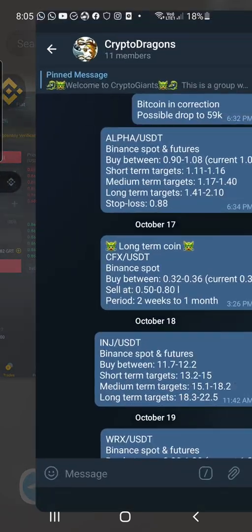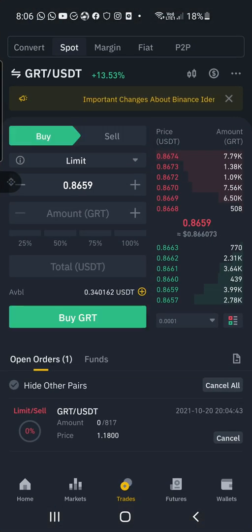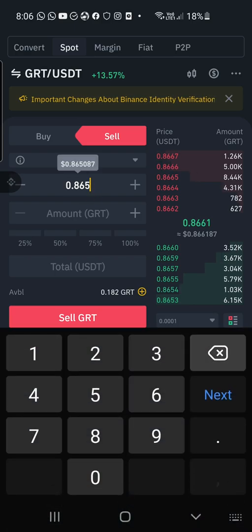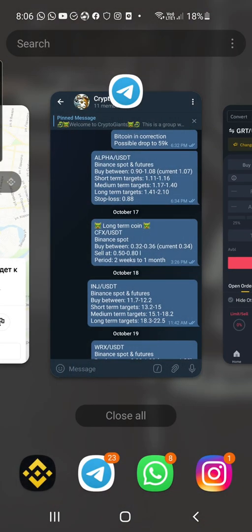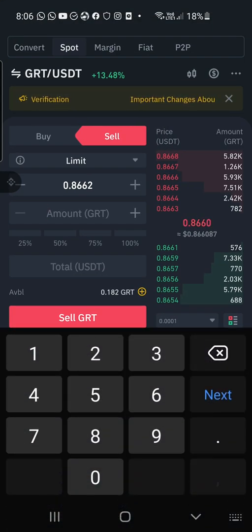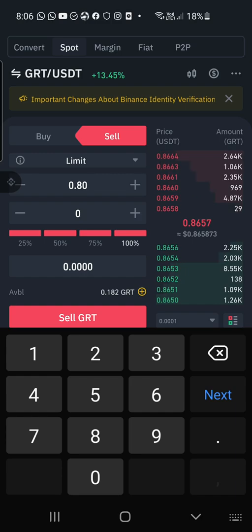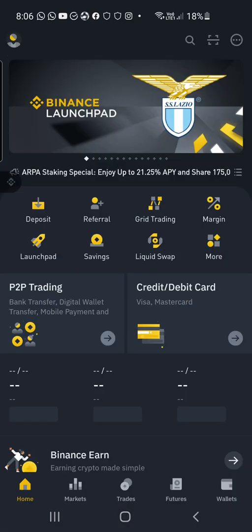So in order to sell this, you come to sell, you go to limit, and you only write the price over here. So we are saying that we want to sell it for 0.8, let's say. So we write here in the price 0.80. The amount is 100% everything, and we click on sell the coin that we have. Of course, it's not GRT in this example.